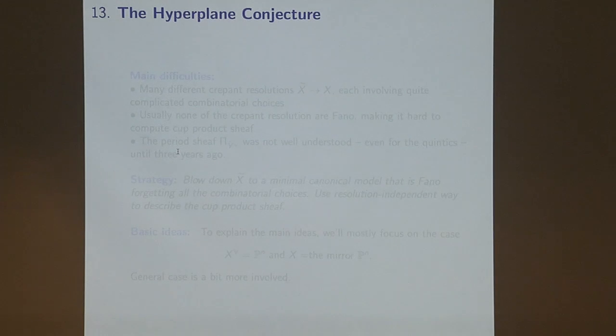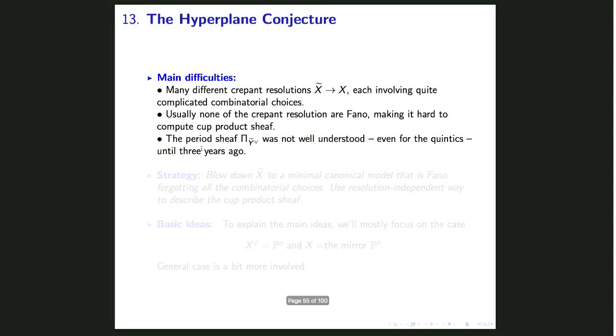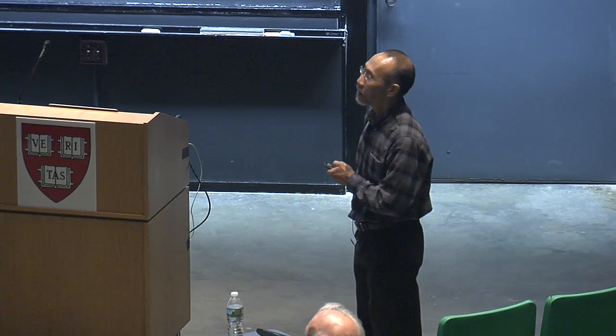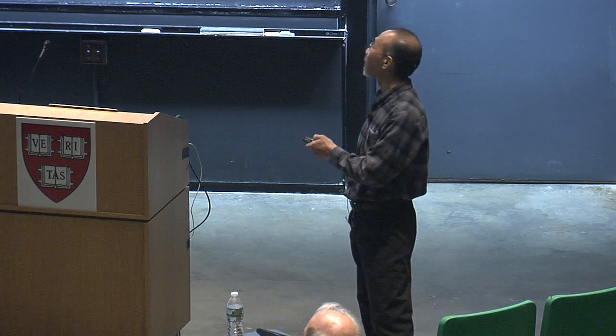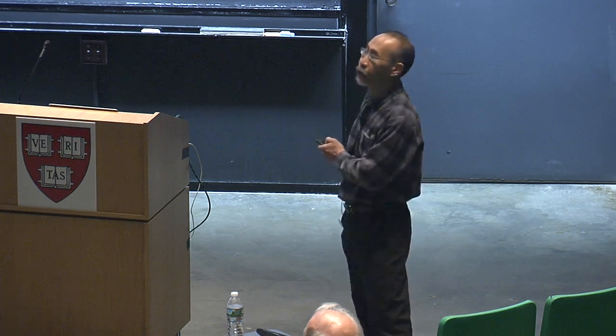So that example I just gave you already indicates some of the difficulty. But let me mention, in more general terms, what the gist of the difficulties are. There are three main points. First of all, even though the initial data I started with is a pair of Fano singular toric varieties, X and X check, in order to make sense of the hyperplane conjecture, one has to make several choices.